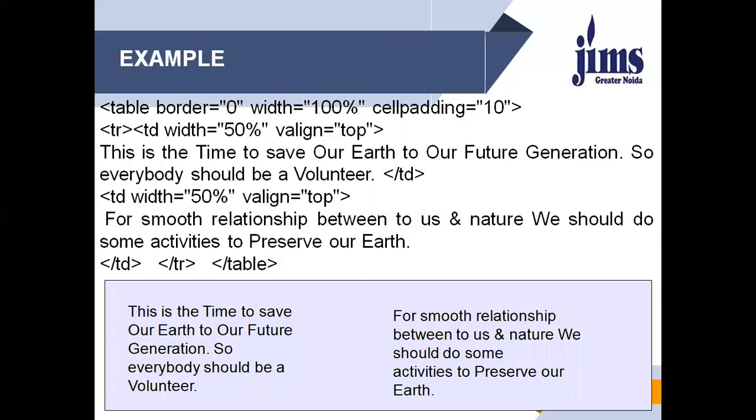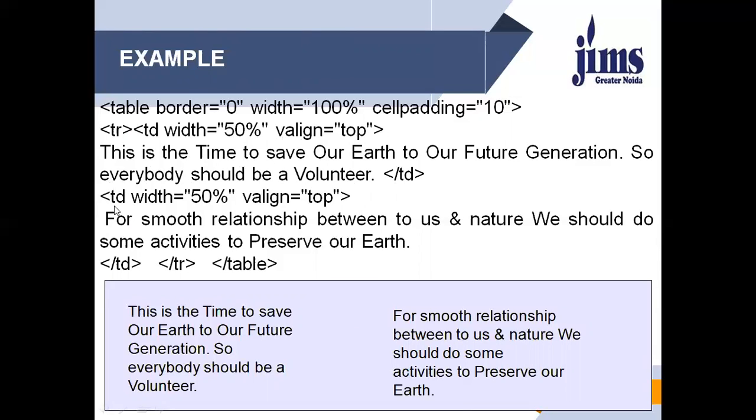We'll see one example. Here in this table tag, border you have mentioned 0, width you have mentioned, cellpadding 10. And then in the TR tag, in this particular data cell, you have mentioned the width 50%, valign equal to top, and then whatever content you want to write, that content will come.